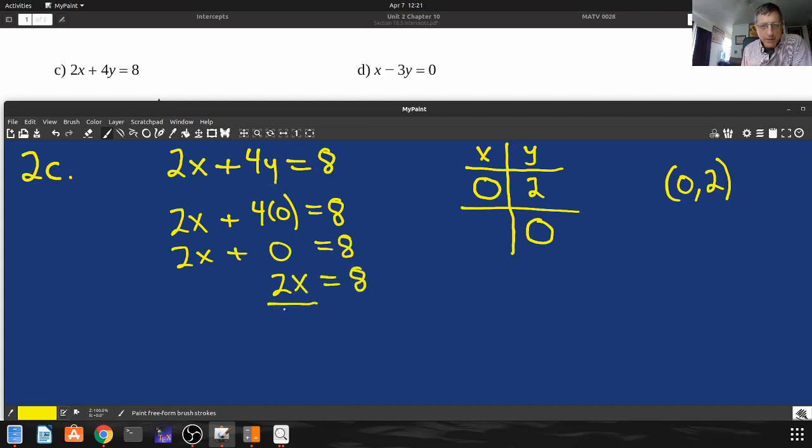And I'm going to divide through both sides by 2. So that's going to give me the value of x is equal to 4. So 4, 0 is my x-intercept.